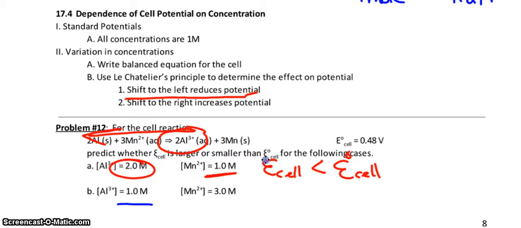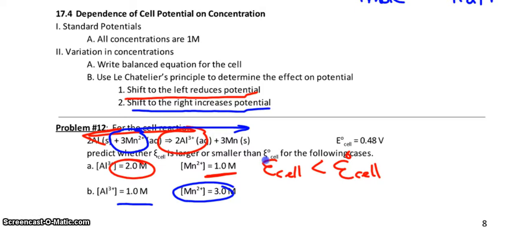What's going to happen in the next case? Here the aluminum ion is at its standard 1 molar, but let's increase the manganese ion to 3 molar. The manganese ion is a reactant, and what happens if I increase that concentration? It's going to shift to the right. And what did we say shifting to the right is going to do? It's going to increase the potential.